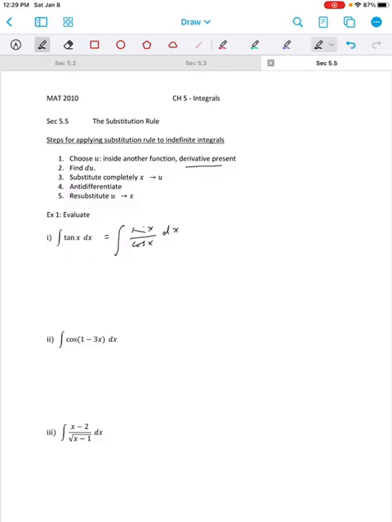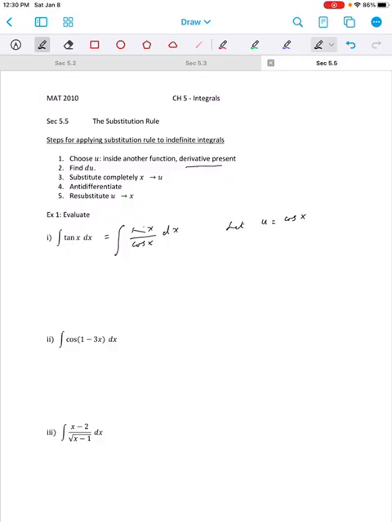So we cannot choose sine x to be u, because the derivative then is dividing. So we say let u equal cosine of x, because cosine of x is a function whose derivative is negative sine of x.